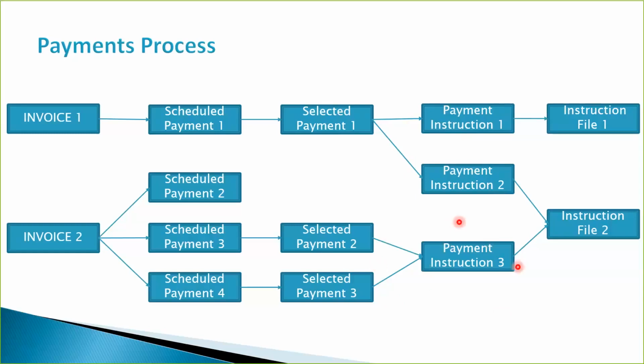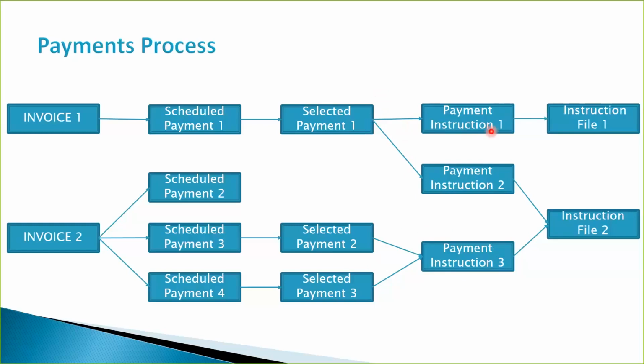The reason being is that they might have been going to the same vendor, right? So there is no reason for you to write 2 checks when they are all going to the same vendor. And for whatever reasons, you can also decide to split a payment into 2. Maybe you can see that once we go to the next step.